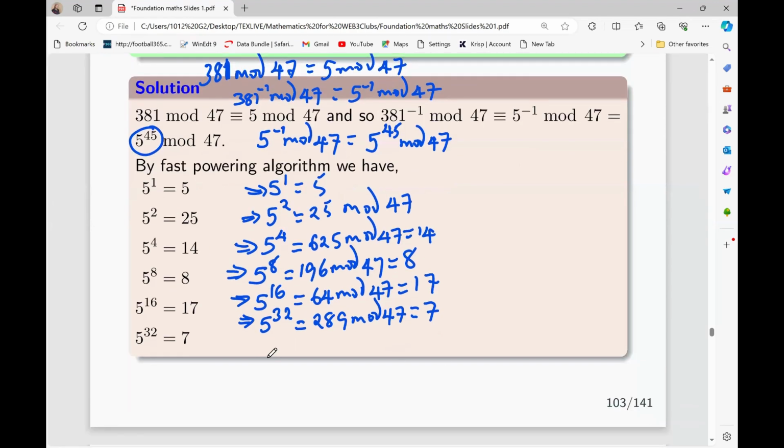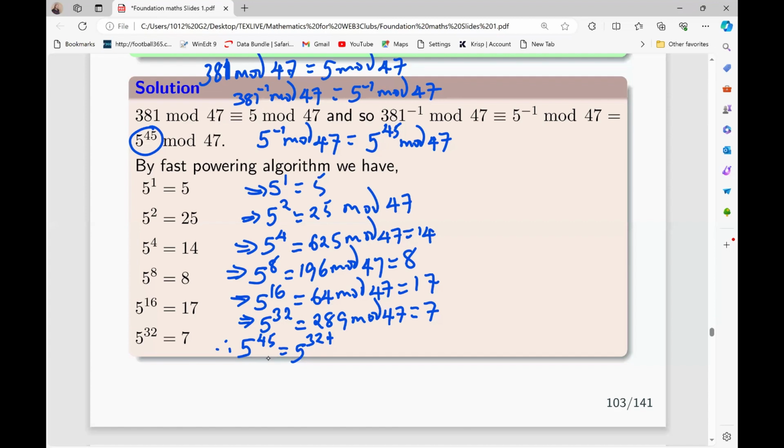So we only require now to write what we need. What we need is therefore 5 raised to 45. This will be the same as 5 raised to 32. I'm left with 13 to add here to get 45.